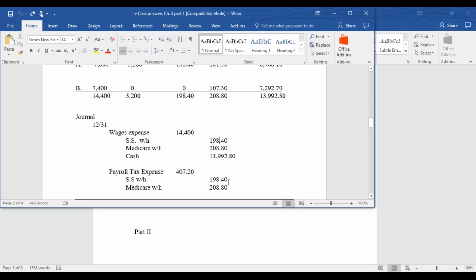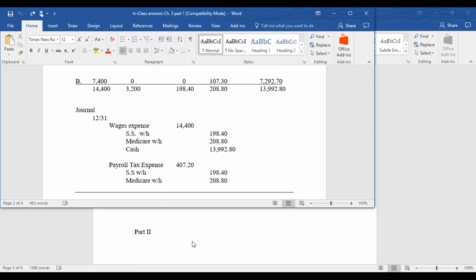They have to put another $198.40 into the withholding account, knowing that they're going to have to owe that to the government soon. And they're going to put an additional $208 in for Medicare. When you add both of these up, that's how I determined what the payroll tax expense is. Payroll tax expense is simply all of your credits that you had to pay tax on, added together.